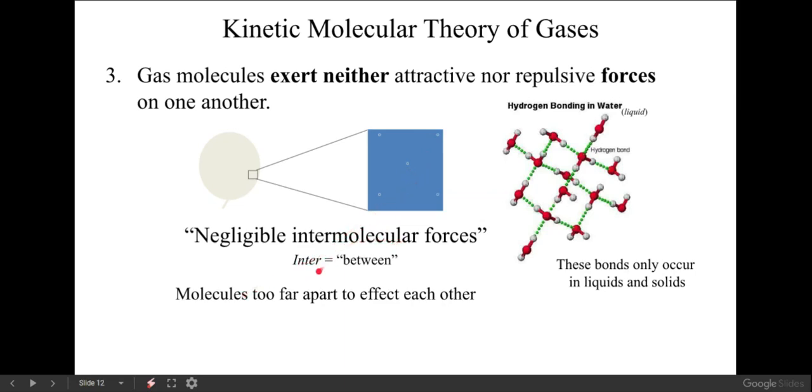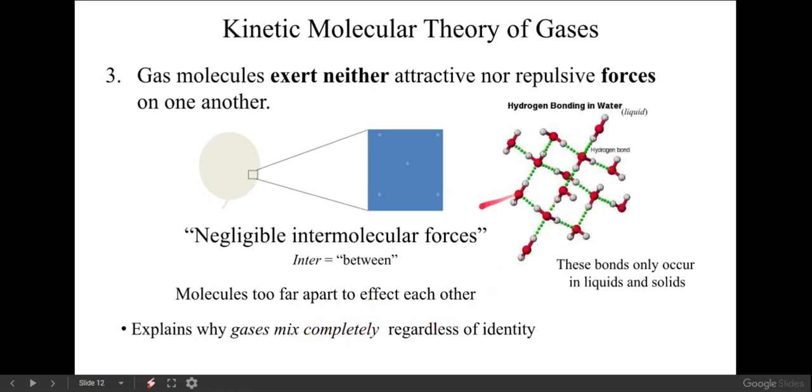Again, intermolecular is between molecules. So again, this one explains why gases mix homogeneously. They're too far apart to care whether the next molecule is polar or nonpolar. So they're just going to keep on moving randomly, and so their own identities don't dictate how they mix.